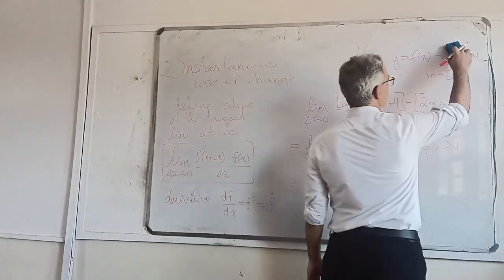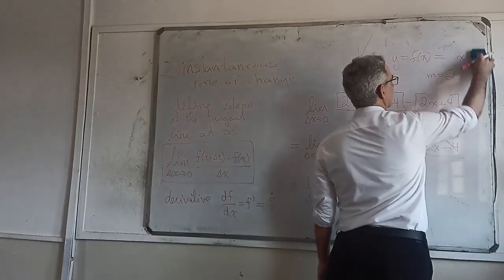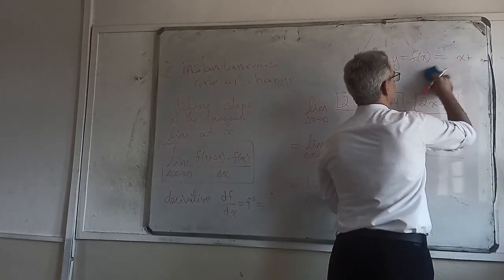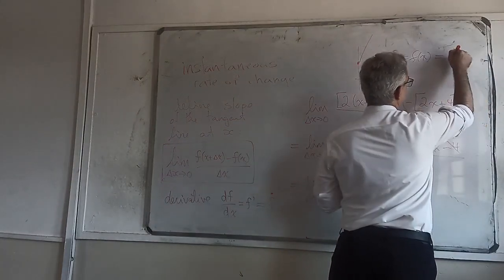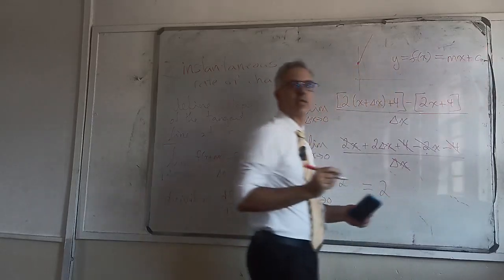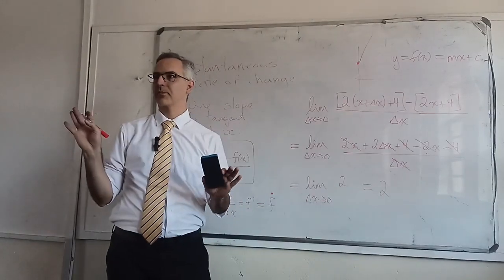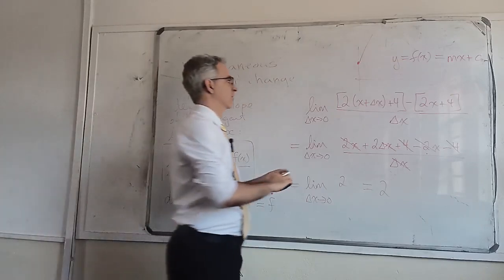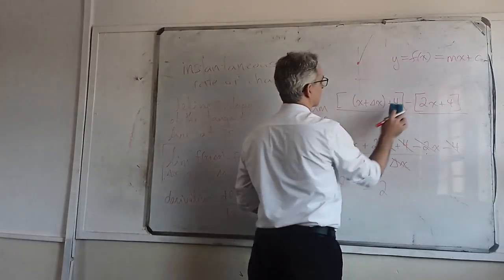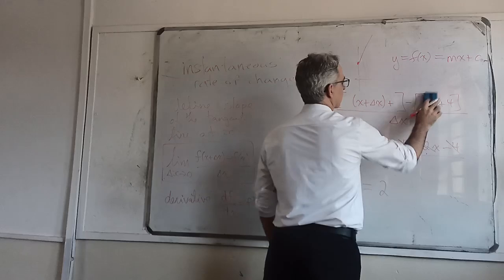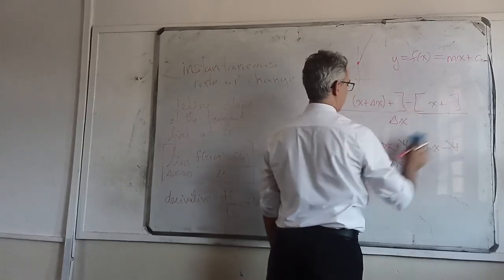Now, let's say instead of a number, I'm going to put m and c. So they could be any number. Yeah, I can do that. And let's put that in our equation here.